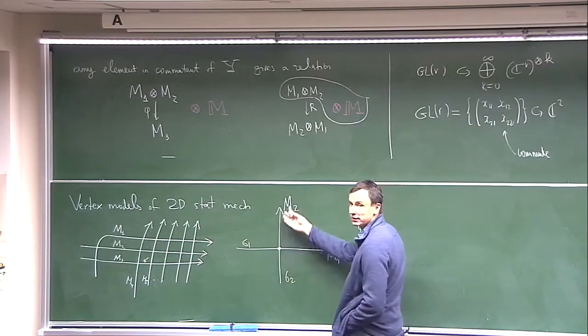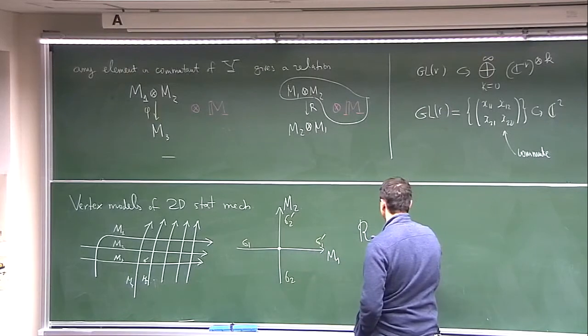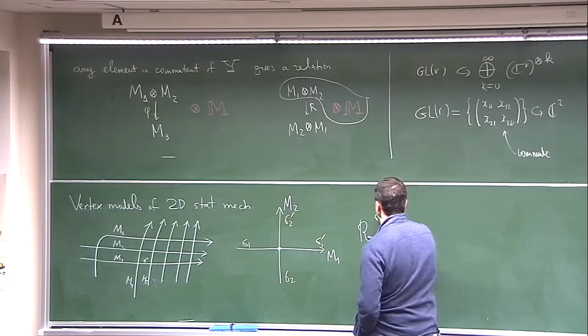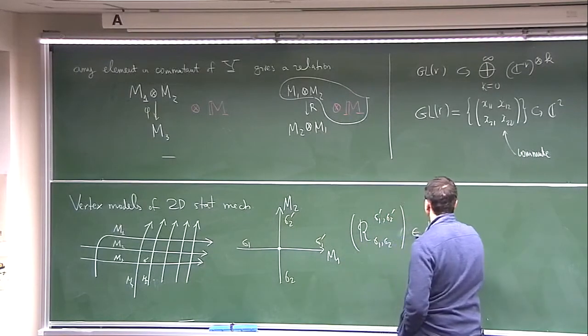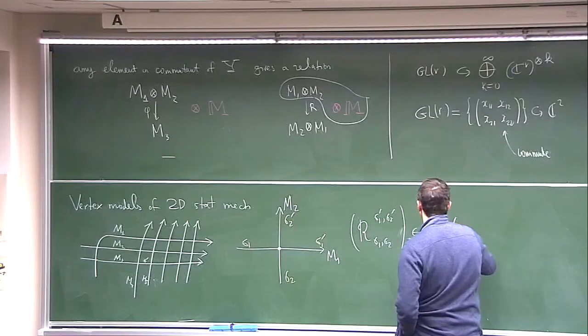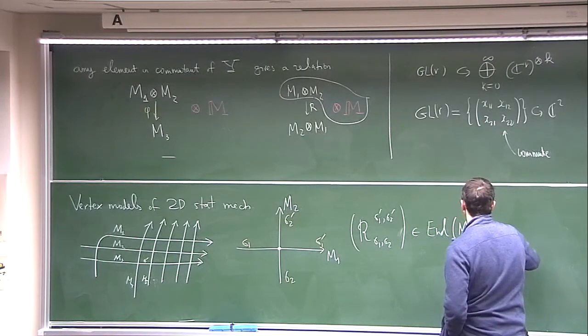You can view this as a matrix element of an operator in a tensor product of these two: sigma 1, sigma 2, sigma 1 prime, sigma 2 prime. This is really an element in the morphisms of M1 tensor M2.